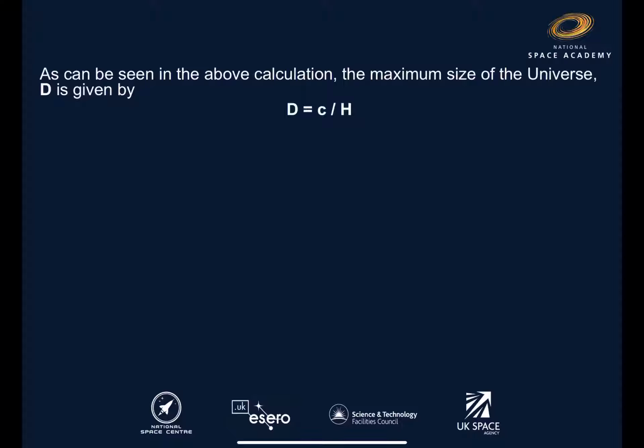As can be seen in the above calculation, the maximum size of the universe, d, can be given by c over h. What does this mean? Well, this just means that we were taking the speed of light and dividing it by the Hubble constant to get that sort of upper age limit.